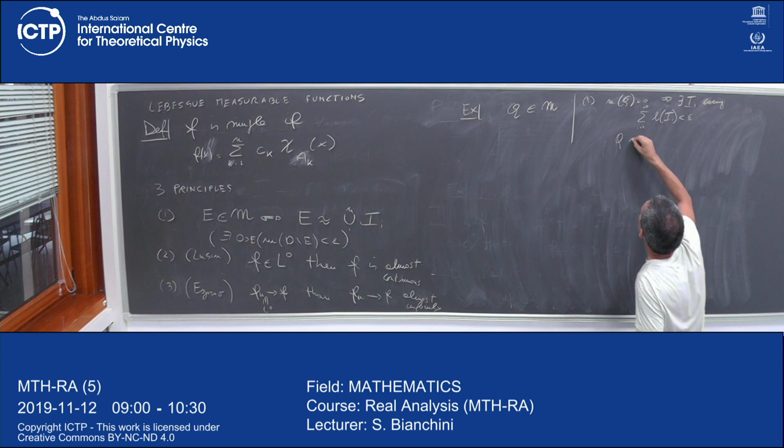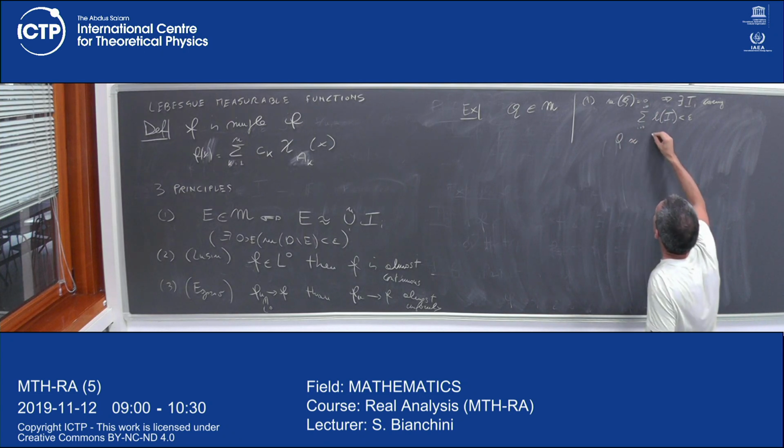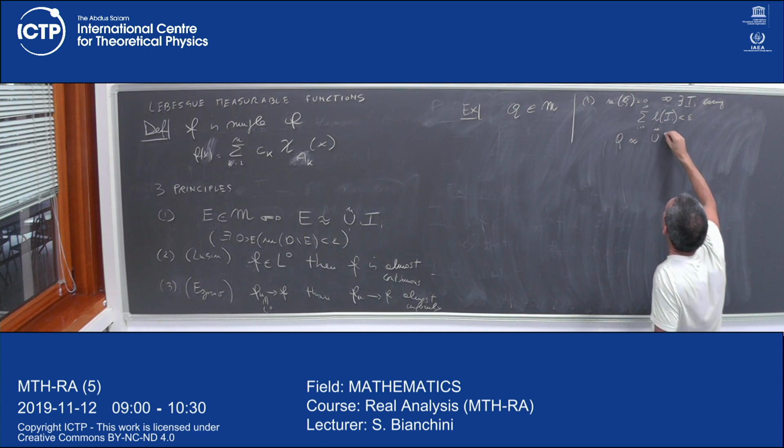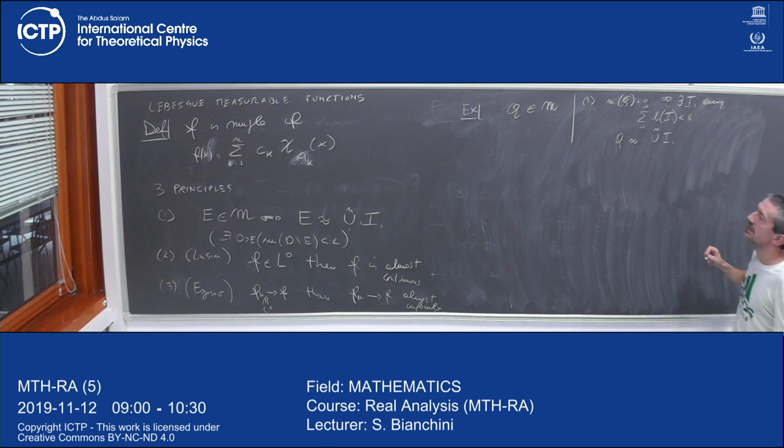So Q essentially is a union of these sets, and the measure of the symmetric difference is less than 2 epsilon, let's say. So it's actually less than epsilon. This is a particular case. Okay, so this is the meaning of the first statement. Essentially, Q is an open set of very small measure. So it's nice.